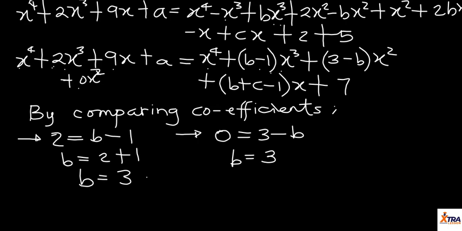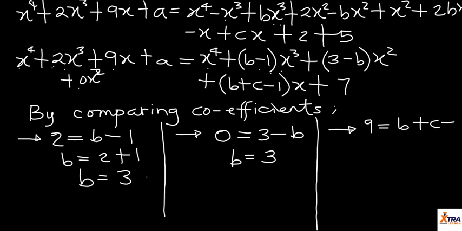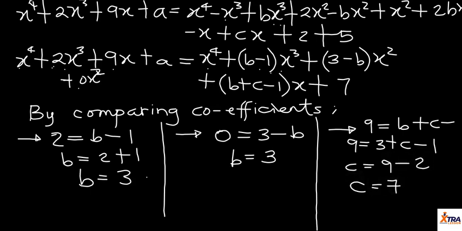By comparing coefficients still, for my 9x, I can compare 9 to b plus c minus 1. That is 9 equals b plus c minus 1. Where my b is 3, I can say 9 equals 3 plus c minus 1, where we have c equals 9 minus 2, so my c will now become 7.